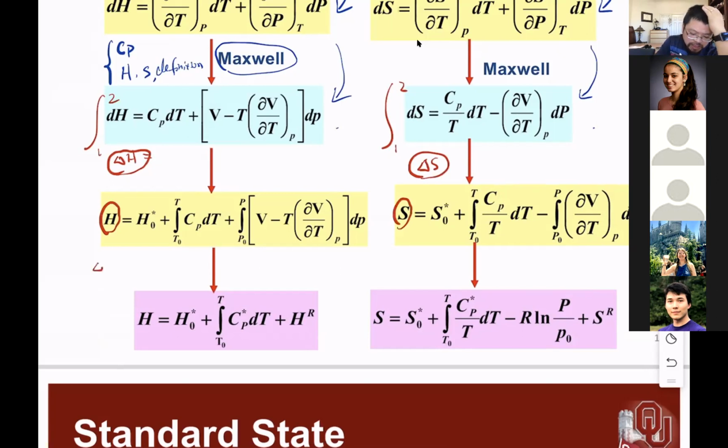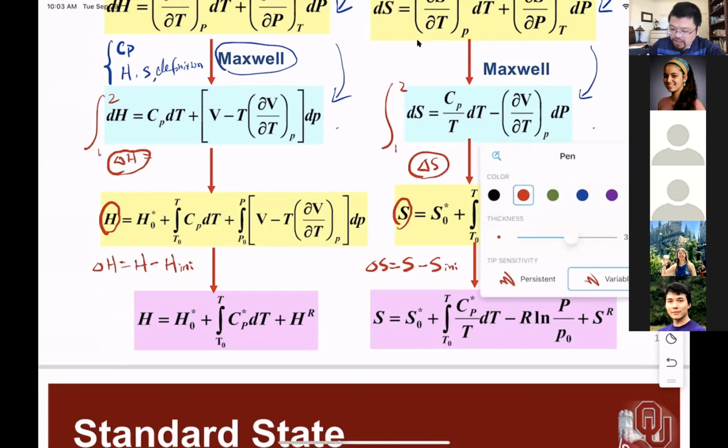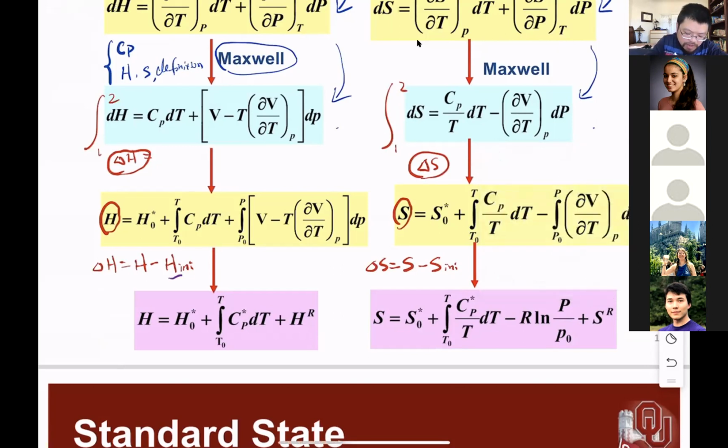It's just delta H would be H minus H initial, right? Delta S would be the S of interest minus S initial. So here is the concept or the understanding. Whenever you are going to pick up the initial, you try to take advantage of the reference. So that is indeed the reference condition.